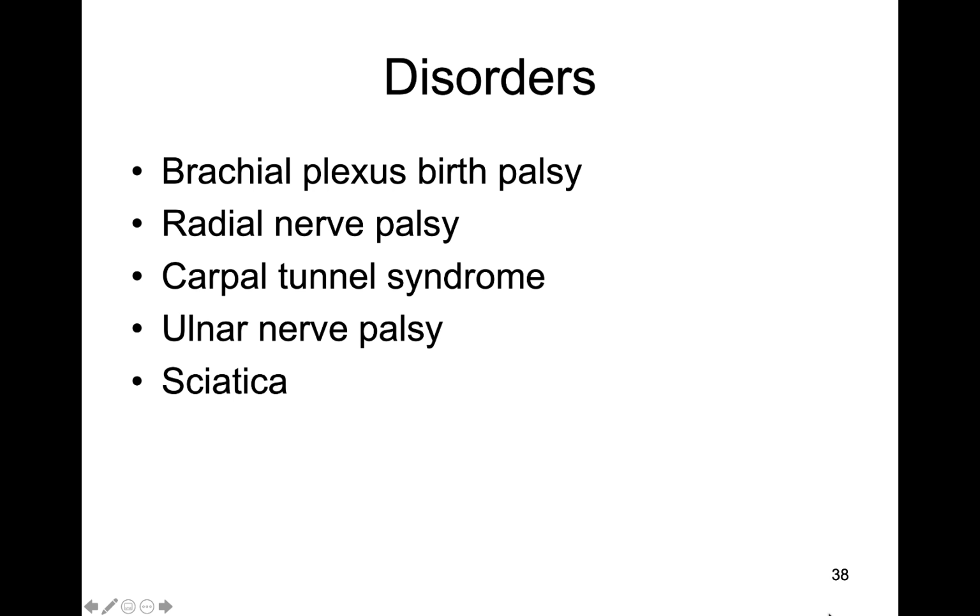Another thing I wanted to mention is the spinal tap or the lumbar puncture. When they collect the cerebrospinal fluid to test for a disease, or when they want to put anesthesia, they're going to insert the needle between the L3 and L4, or L4 and L5. And the reason, if you remember, we said the spinal cord is going to end at L1.